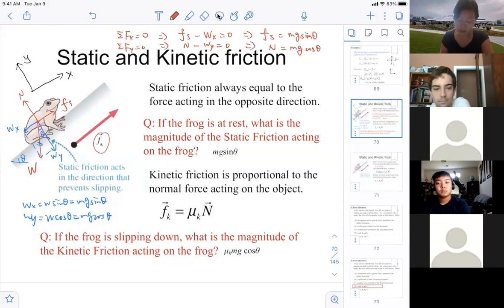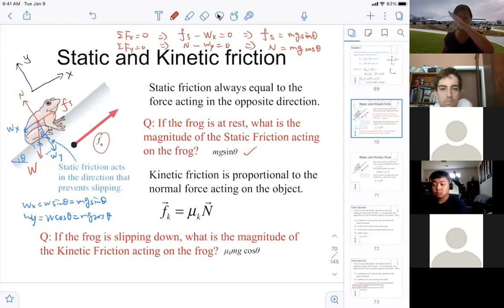Okay, so you can see static friction in this case will depend on your angle theta. If you're just sitting still on flat, you will have no static friction. You raise it up a little bit, then you increase your angle, so you increase your static friction.